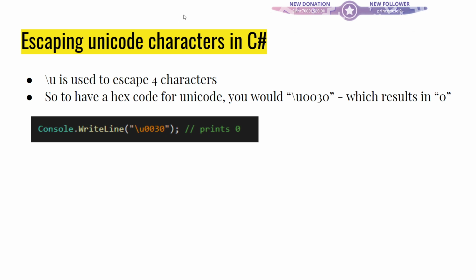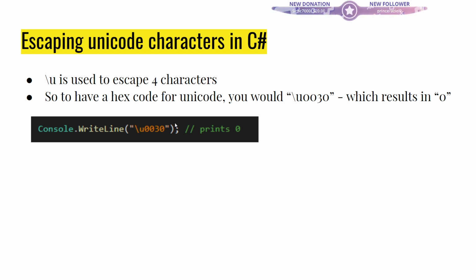And now let's go to programming. That's why we're here. In C#, if you want to use a code for a character that is from Unicode, you'll need to do an escape sequence. And in C#, we know that you can escape characters using a backslash.